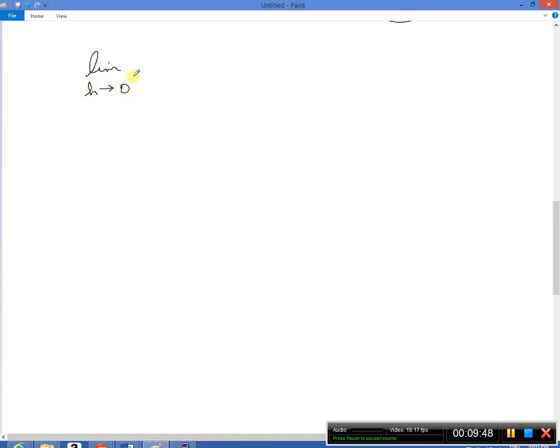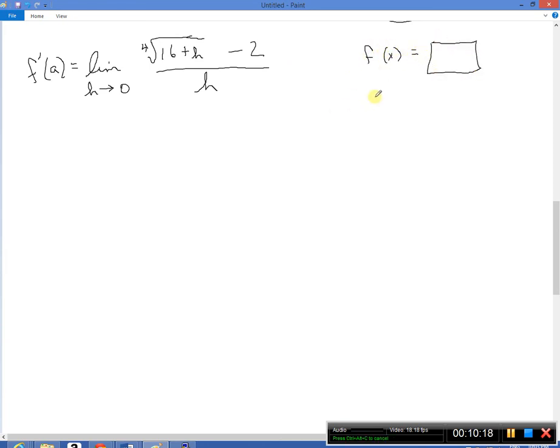The limit as h goes to 0 of the 4th root of 16 plus h minus 2, all over h. That's supposed to be the derivative of f at some number a. And the question says, what's f? What's f of x? So fill in the blank. And what's a? Fill in the blank.